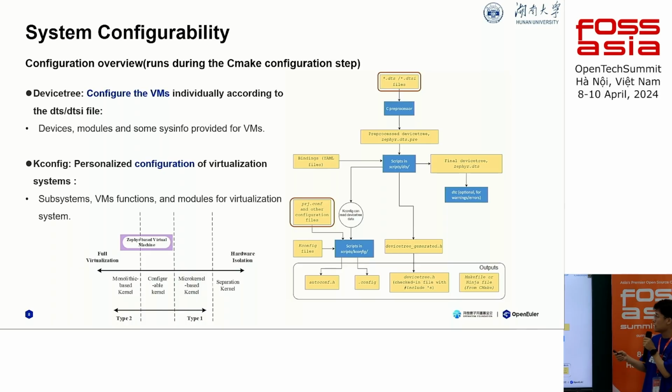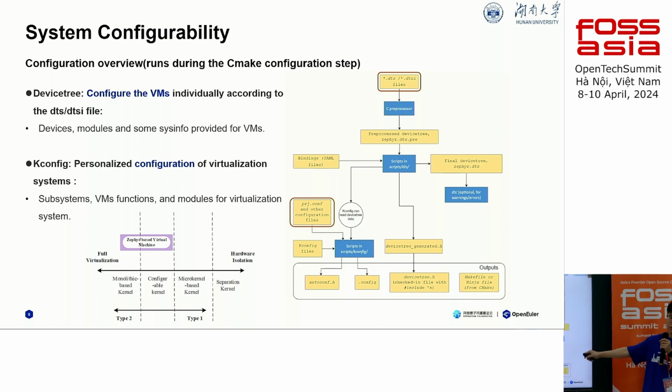And the second part is the Kconfig system, just like Linux, and we can use the Kconfig system to configure ZVM itself. For example, to decide which subsystems will be built into ZVM, and what VM functions or other modules can be built into ZVM.